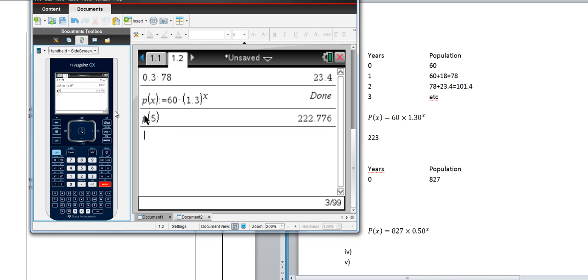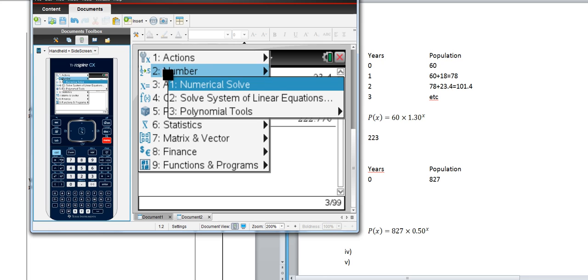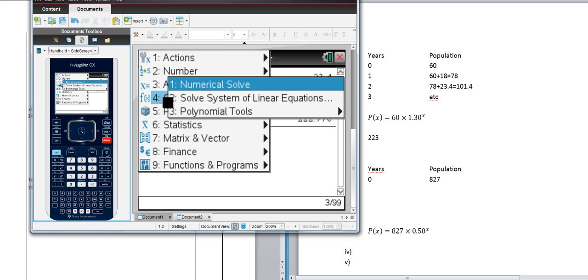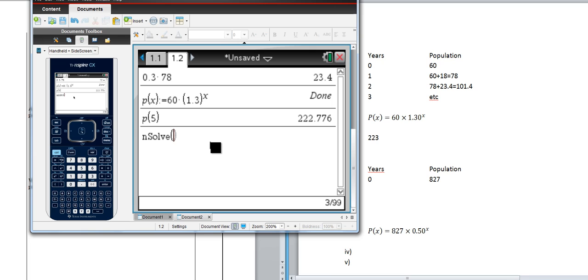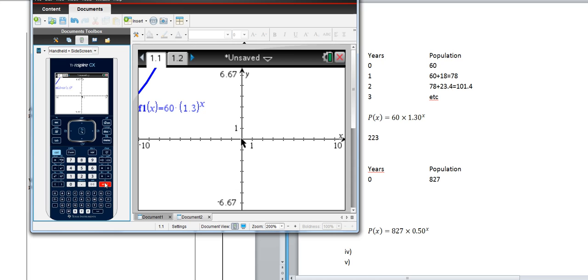So let's use the solve function. We go to menu, algebra, oops. Let's see. That's it, this one. Let's see if we can plot this one. 60 times 1.30 to the power of x.